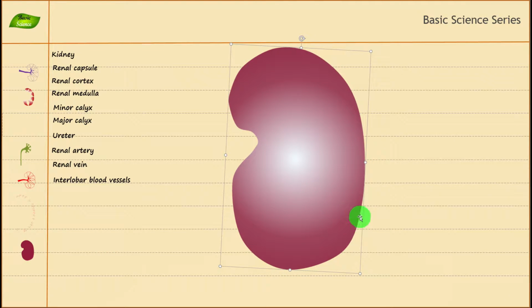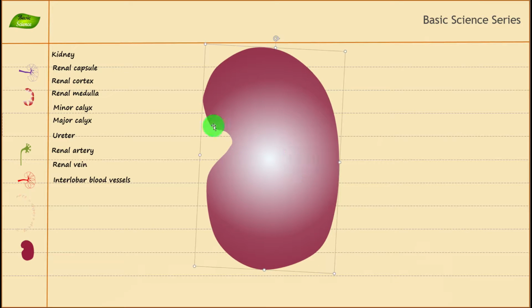So if you consider this as a thin-walled structure which is covering the kidney, that will be the first structure when we try to design the kidney. The outermost covering of the kidney will be the first structure. In this case, renal capsule will be the name of that structure, right?